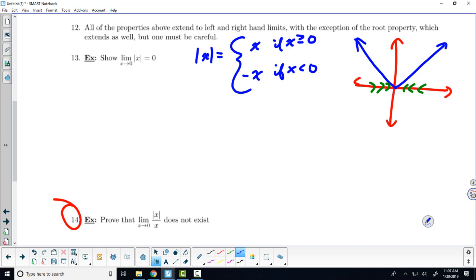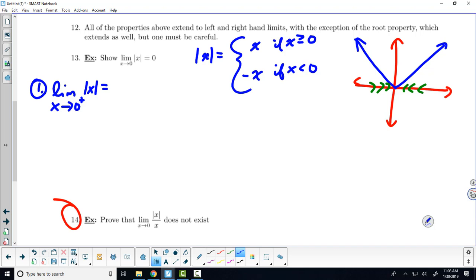Okay? So, step one, let's look at the right-hand limit of the absolute value function. So which way am I approaching 0? From the right. I'm coming in from this direction. So normally if I say come towards 0, you don't know which one of the two rules you're supposed to be using, right? Because I say you have to be coming from the right, which of the two rules are we using? Will?